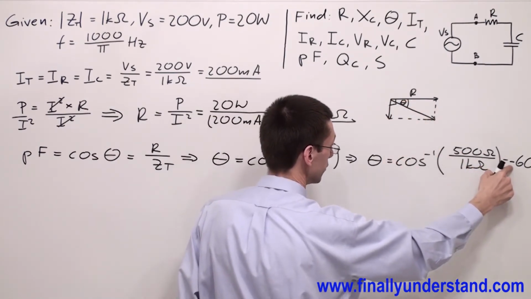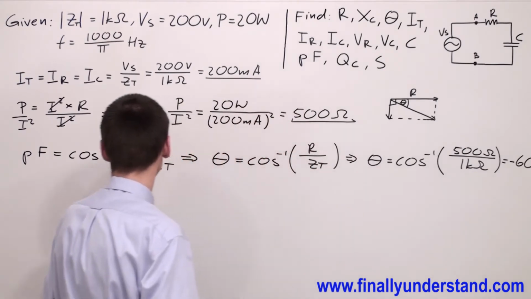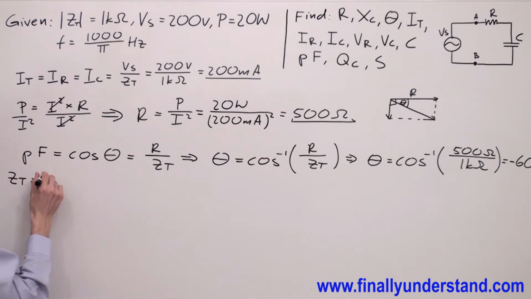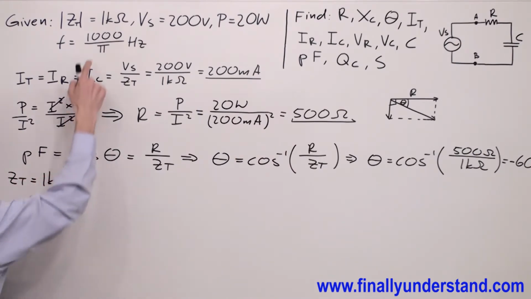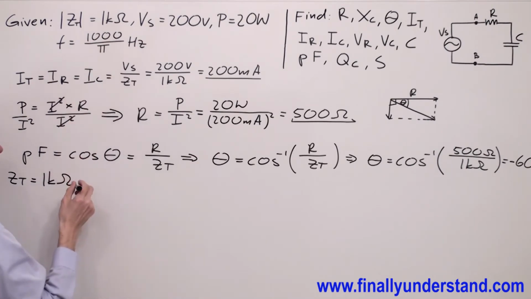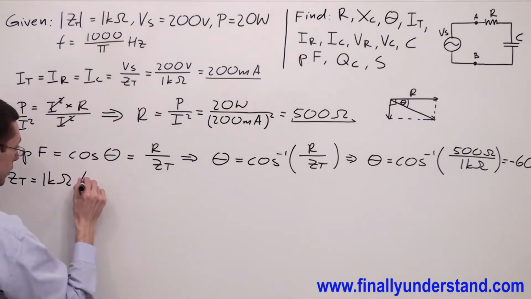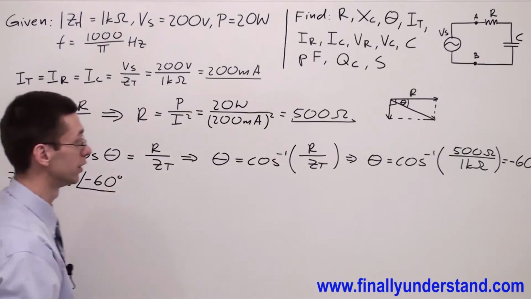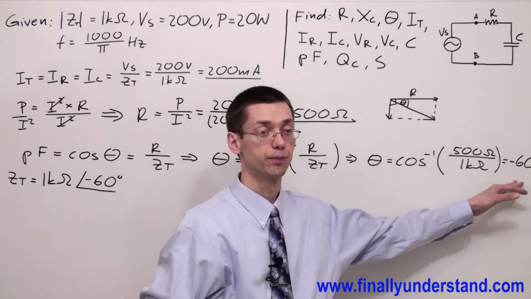That's why I have the negative sign over here. So it means that my Z total is equal to 1 kilo ohm and has an angle of negative 60 degrees. This is the angle which we just found.